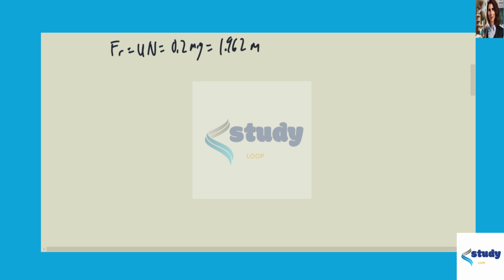Now, to find the work done, let's multiply the negative friction times the distance, the length of the belt. You get negative 1.962 times m times x belt.